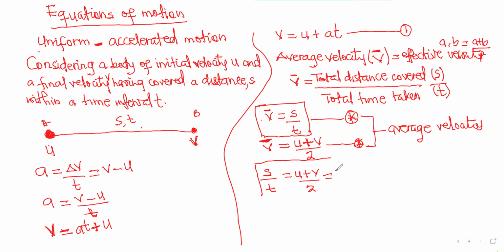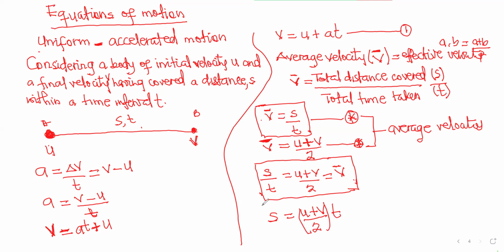Don't forget, they are all V bar, or V subscript average. Meaning, from this equation, if I make S the subject, I have U plus V all divided by 2 times T.